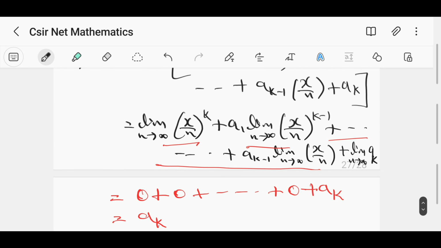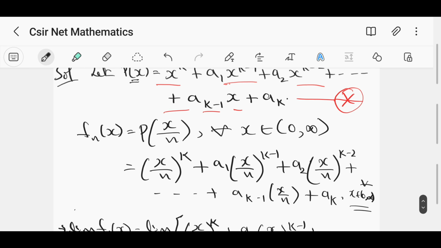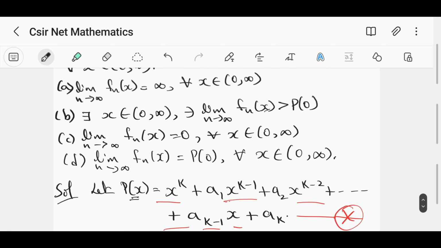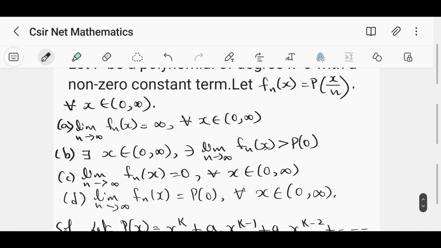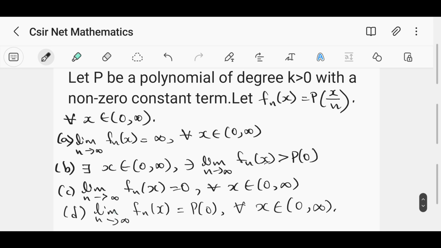So which option is right? Let us check the options. We got limit as n tending to infinity f_n(x) equal to P(0). So this is wrong, this is wrong, and this is also wrong.